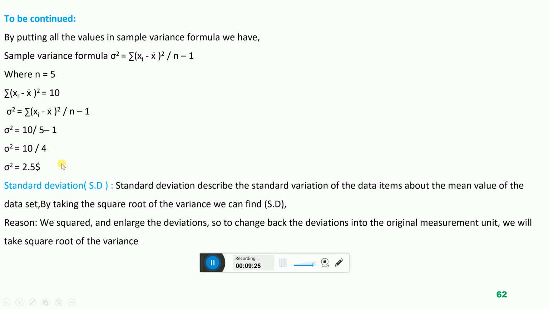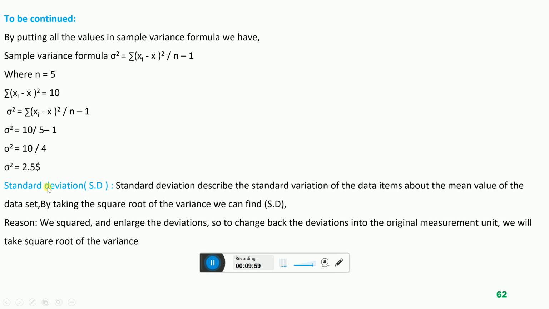This means that every data item is changing by $2.5 about the average value, and the mean value of the cost per kg is $3. So every raw material price is increasing $2.5 above the $3 or decreasing $2.5 below the $3. So this is variation.